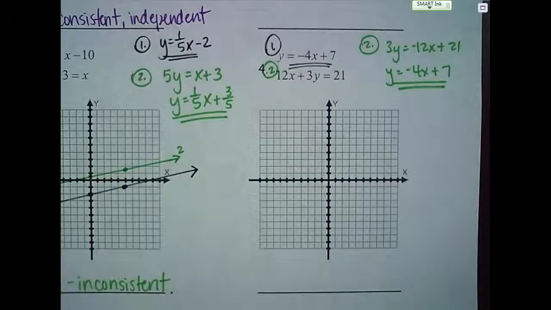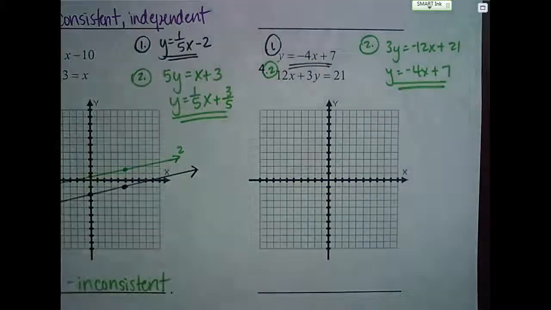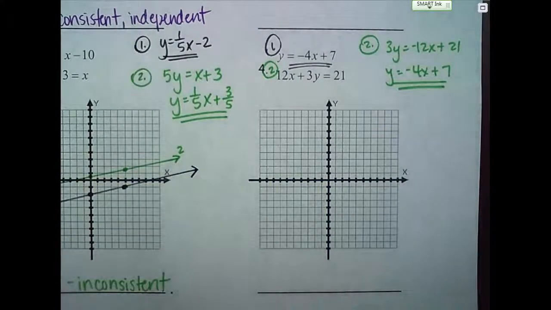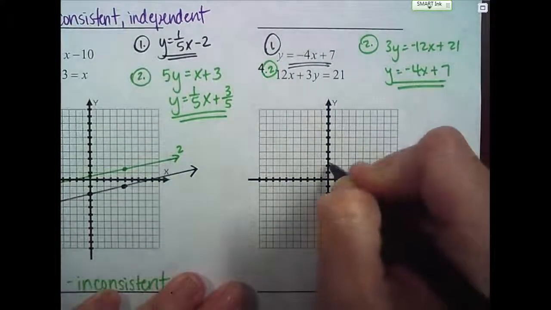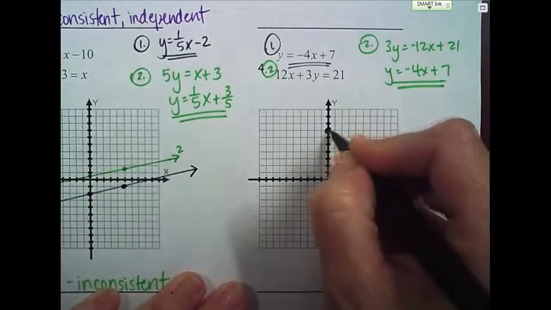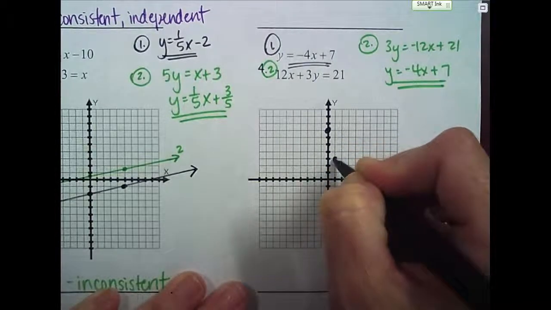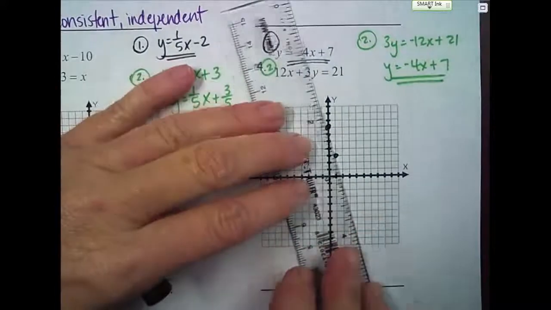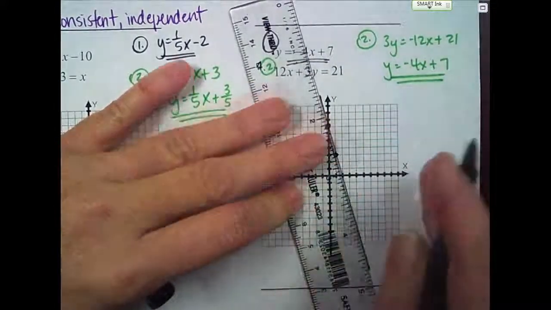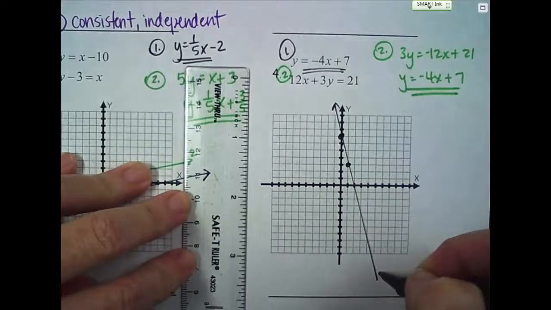Line 1, which is right here, okay, this line, and line 2 here, they're the same line. Okay? So, graph it if you want. It doesn't even matter which color. This would be line 1 and 2, right?